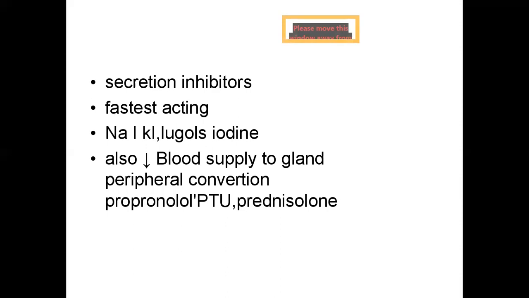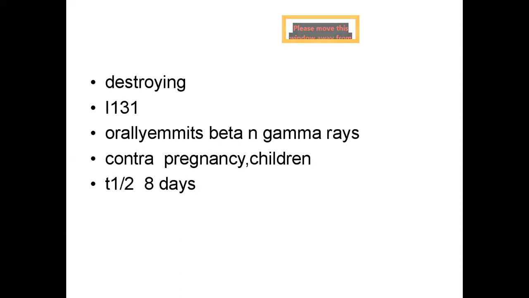And fourth group of drugs, peripheral conversion inhibitors. These are propranolol, propylthiouracil, prednisolone. These inhibit the peripheral conversion at different sites, that is the liver, skeletal muscle and adipose tissue. And destroying drugs. This is radioactive iodine 131.